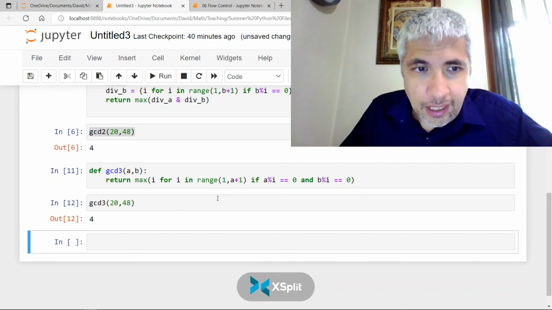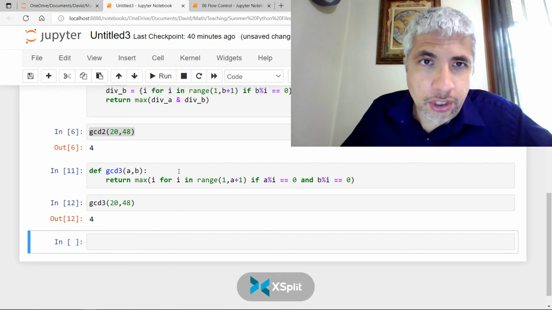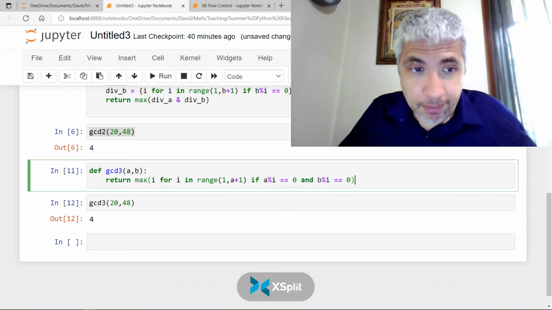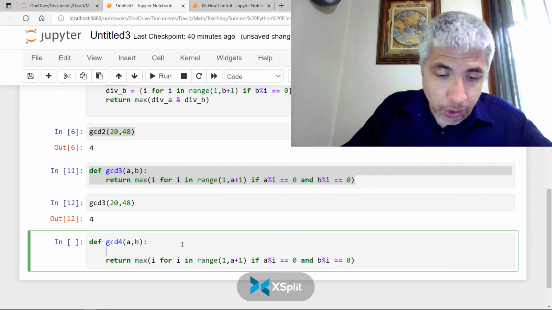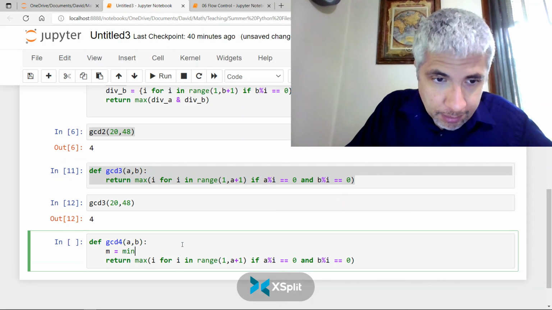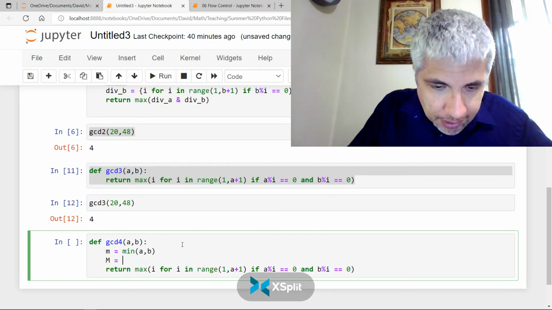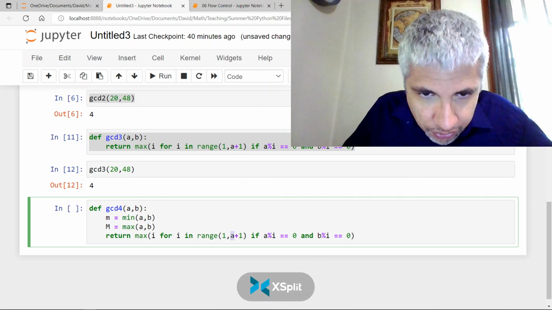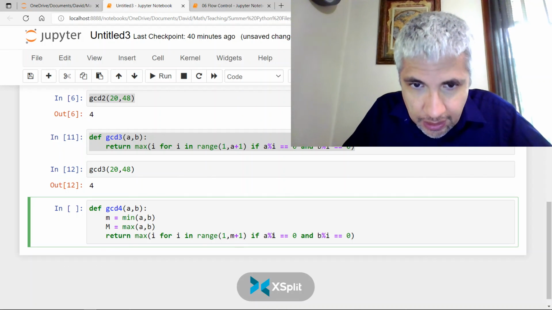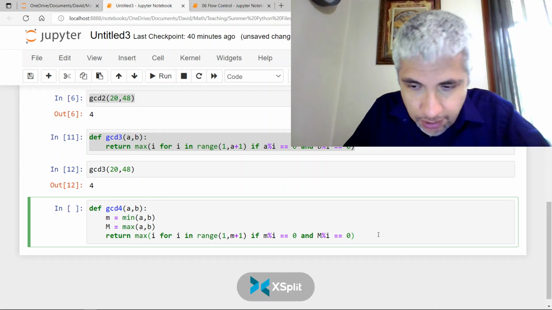Okay. If I really wanted to optimize for speed, what I could do is I could figure out which is the smaller number and just run through the minimum. So like what I could do is if I had GCD4, I could let M be the minimum of A and B, built-in function minimum, and I could let M be the maximum of A and B. And now I could run through the minimum and check that it divides the minimum and the maximum of those two.